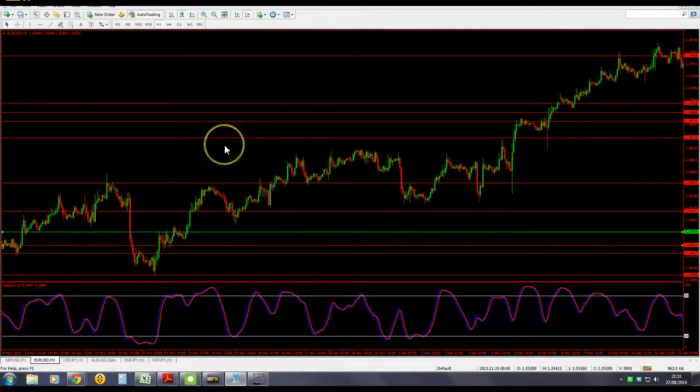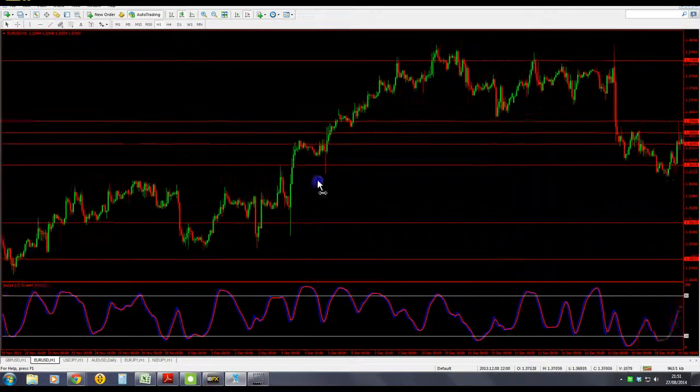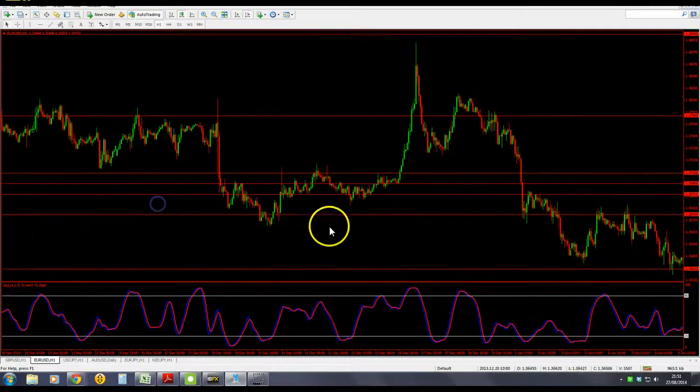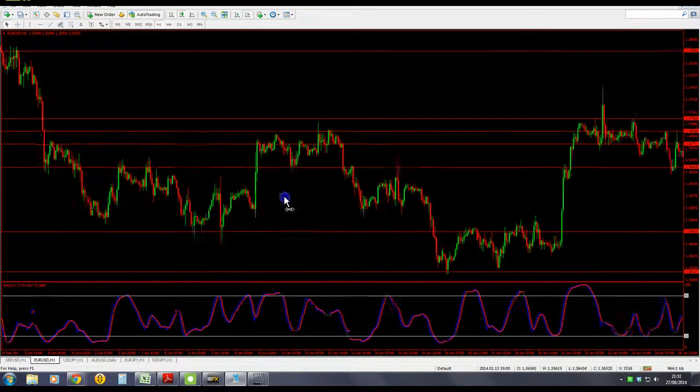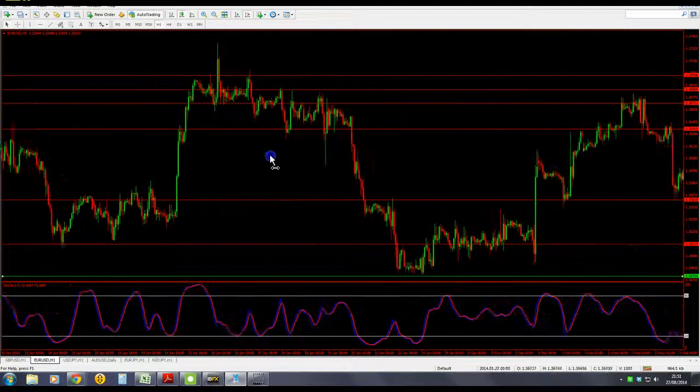Okay, unless it breaks through, then you know the price will probably continue to the next support and resistance level, because that's what the market does. Just bounces about between these support and resistance levels. It probably is one of the most commonly traded tools out there.